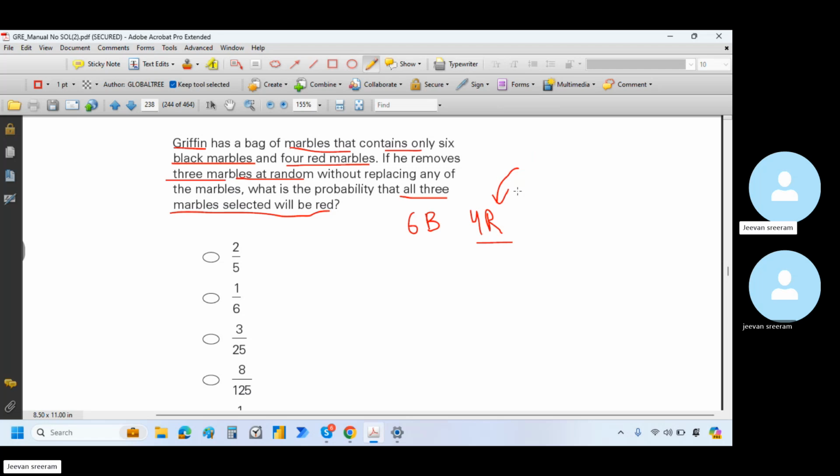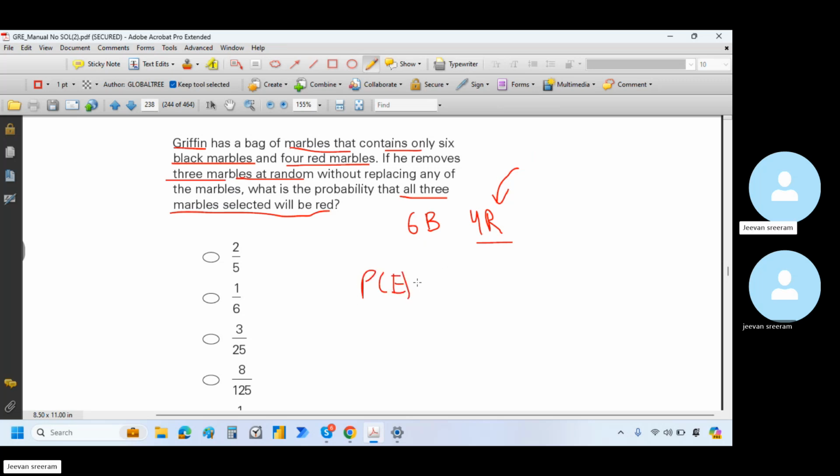Then the ways in which 3 red marbles can come from 4 red marbles is 4C3 selections, divided by 3 marbles taken at random from the bag, so 10C3. It's so easy.